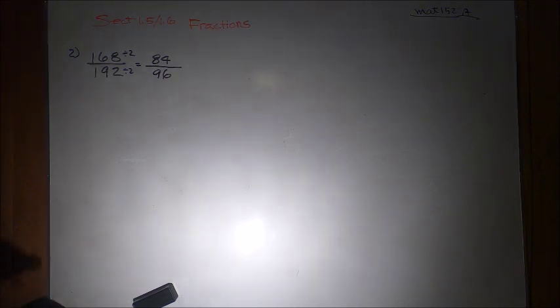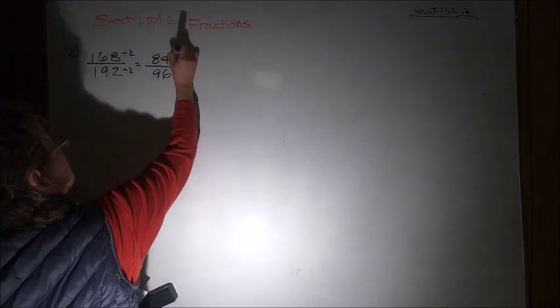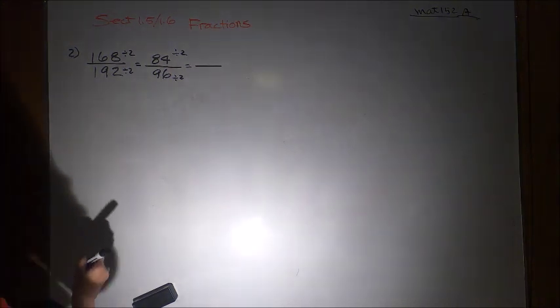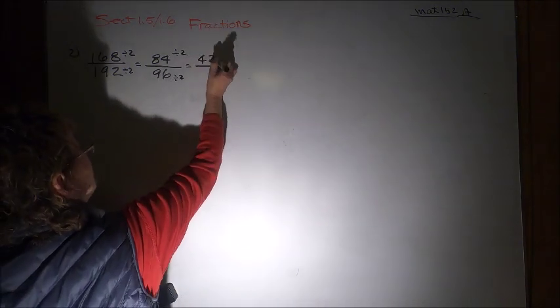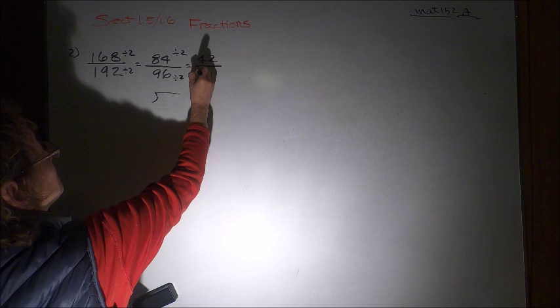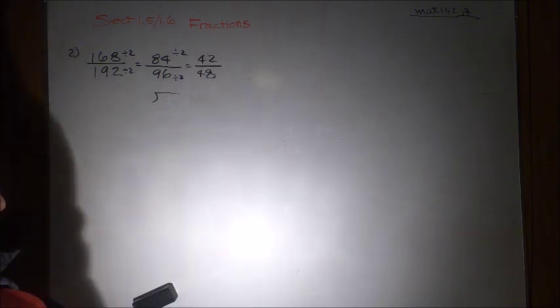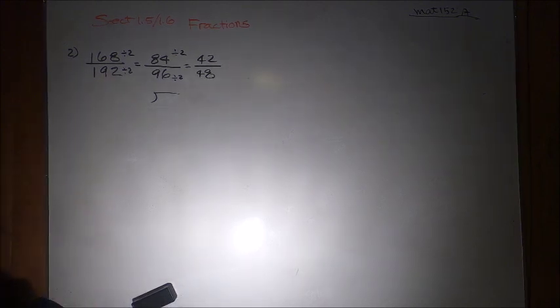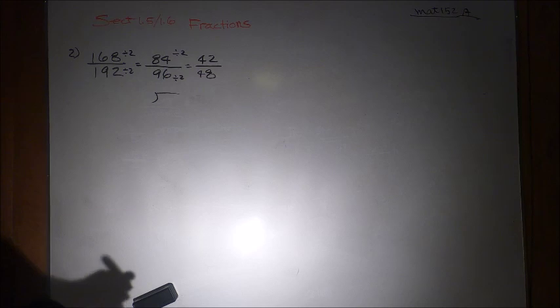Can 2 go into both? Yes. So you do that again. 84 divided by 2. You have to actually divide it, right? 48. Then, if you can see 6, you can just use 6 directly to do it, okay?